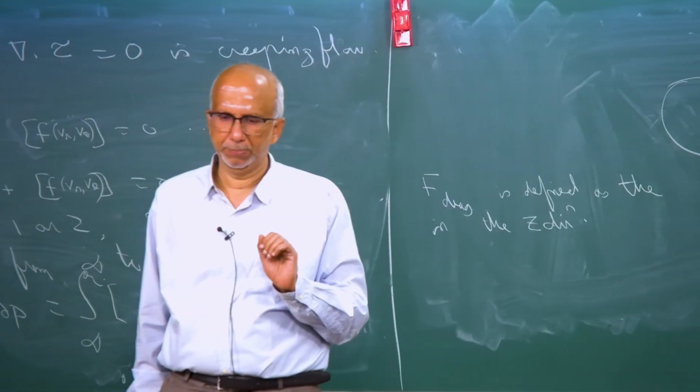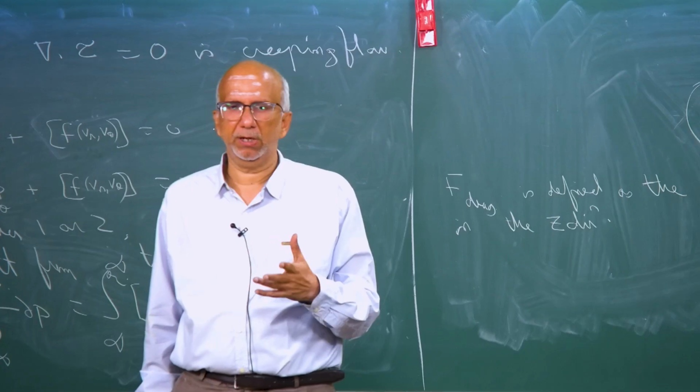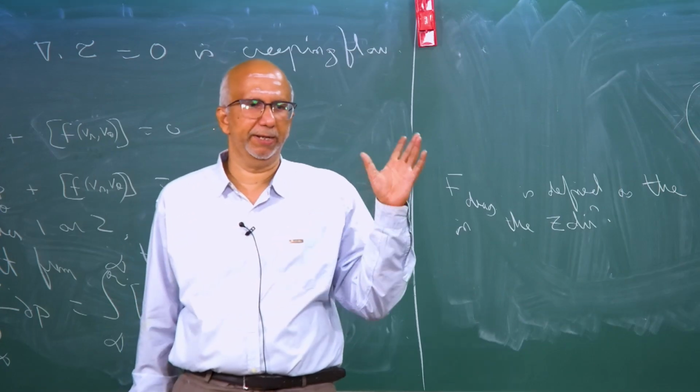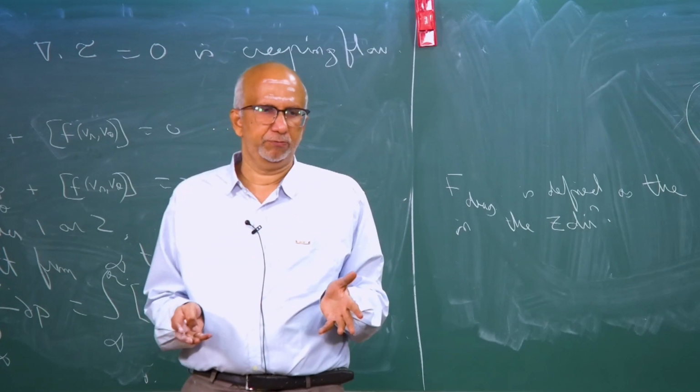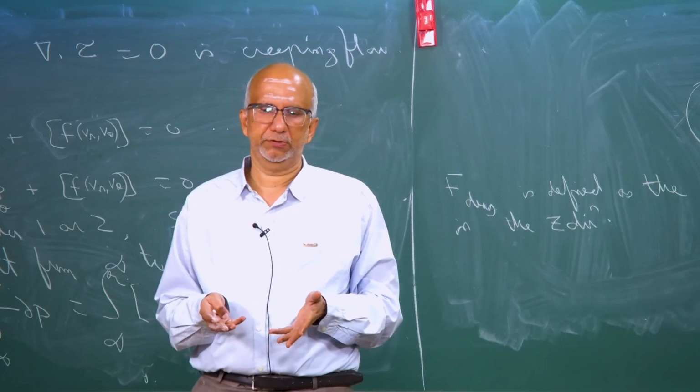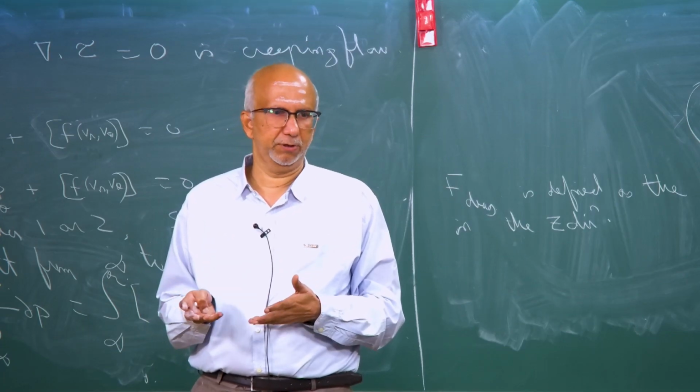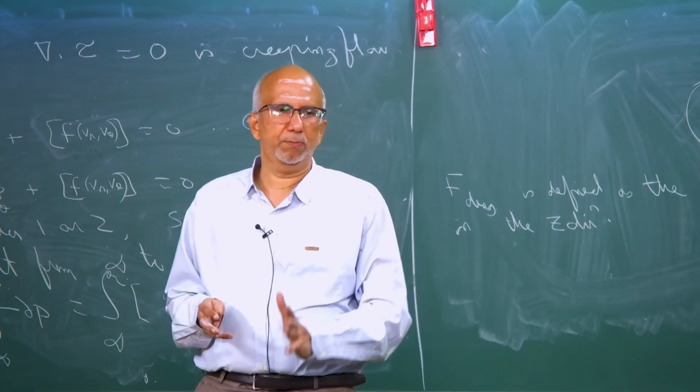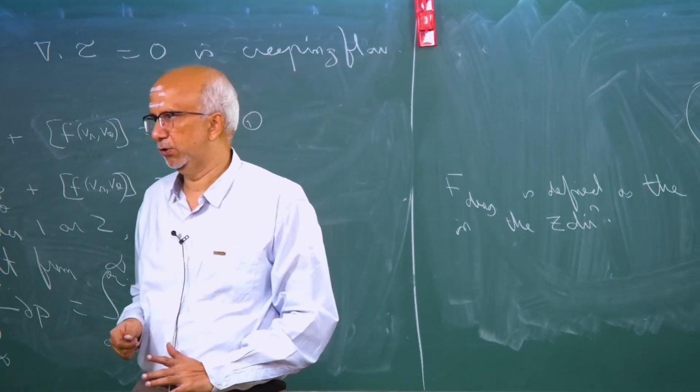Now, therefore, I want to find out what are the things which are going to be contributing in the direction, because the total force acting on the sphere may not be in the direction of the flow, but only the component which is in the direction of the flow I am focusing on, okay.